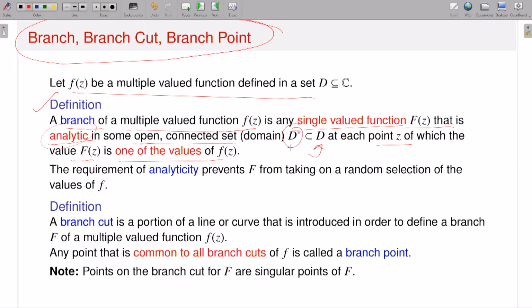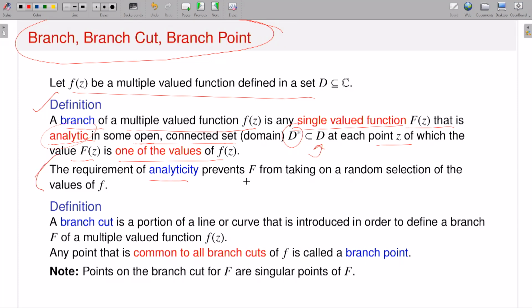So that is exactly what I have written. A branch of a multi-valued function f is any single valued function capital F that is analytic, that is very important, in some open connected set D star inside D, such that if I have a point z inside D star, then capital F of z is exactly equal to one of the values of small f.